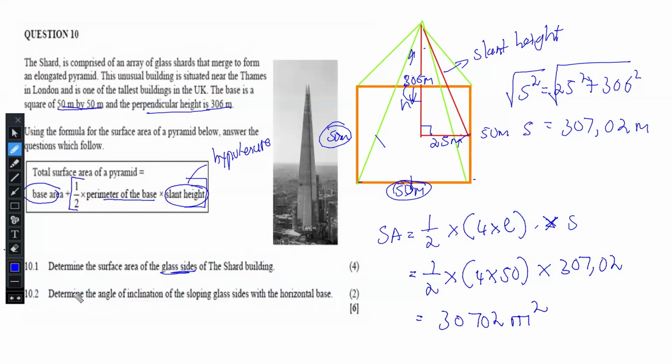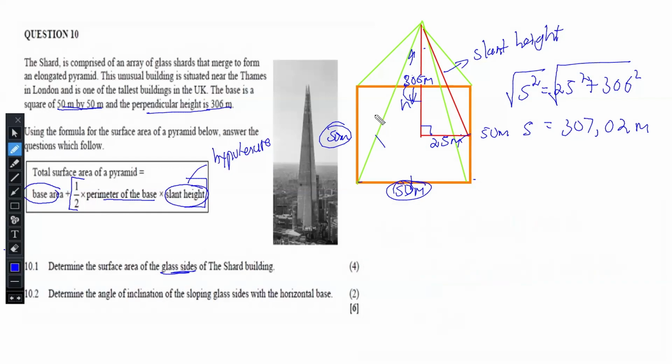And then for 10.2, they say now determine the angle of inclination of the sloping glass sides with the horizontal base. Okay, so they want the angle of inclination. The angle of inclination is this angle right here. If we want to calculate it, we know we have to use the trig ratio tan.